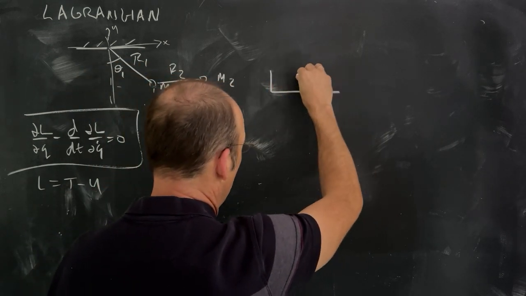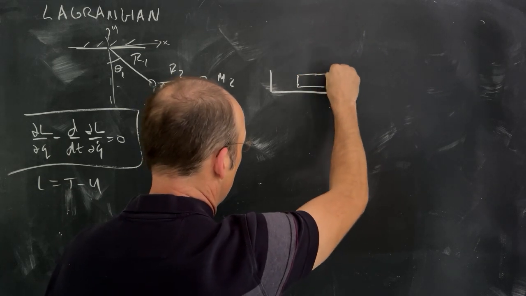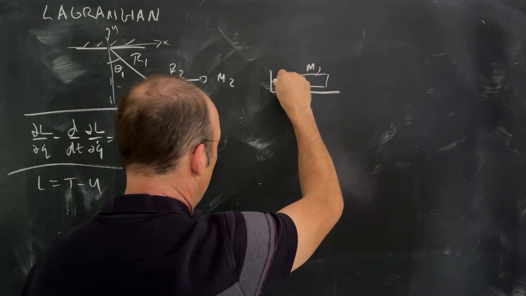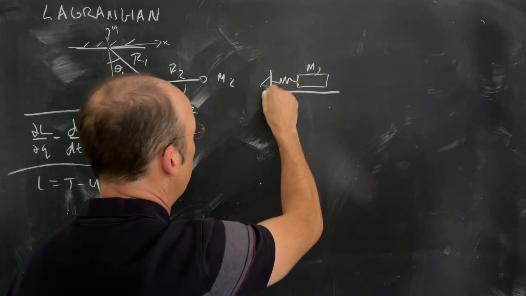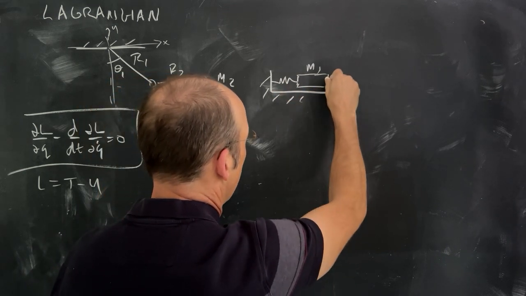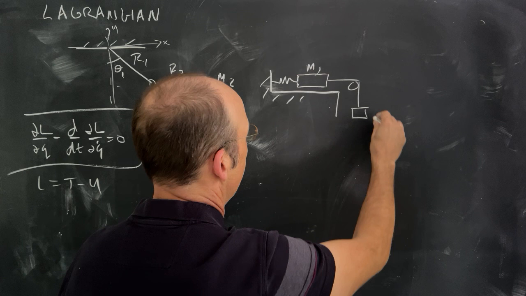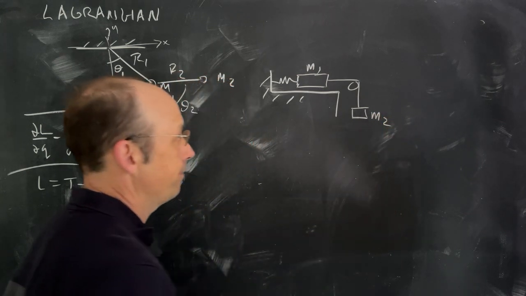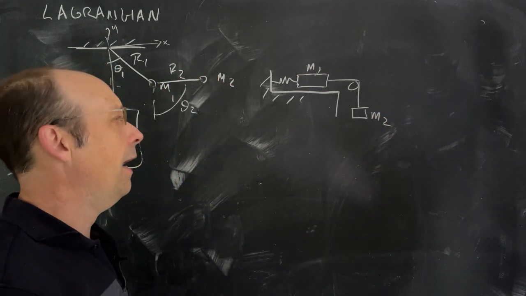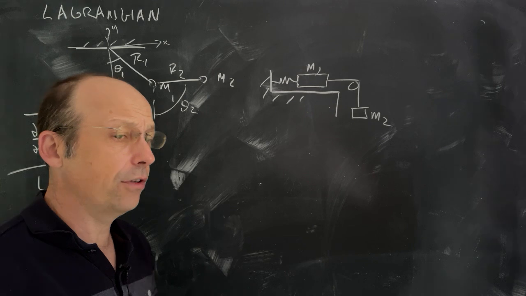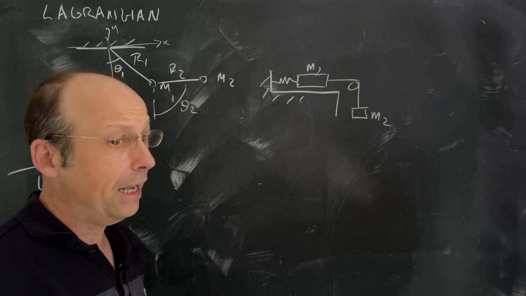So imagine I have a frictionless cart with a mass m1, and it has a spring connected to a wall. And then over here is a pendulum. I mean, it could be a pendulum, but this is confined to move up and down like that. And now the first thing you would see here is like, how many degrees of freedom would I need to explain this system? And the answer is 1.